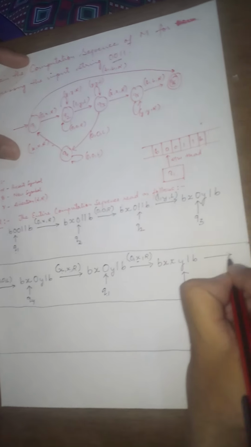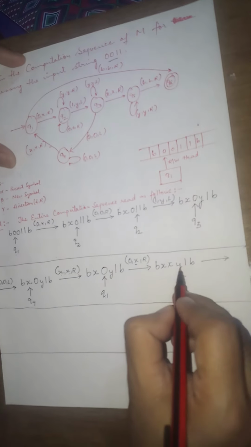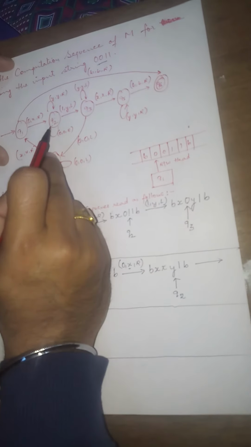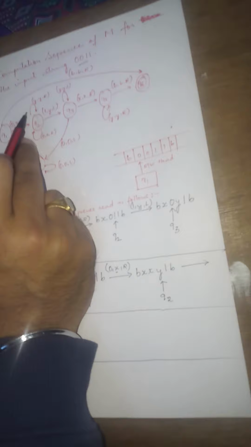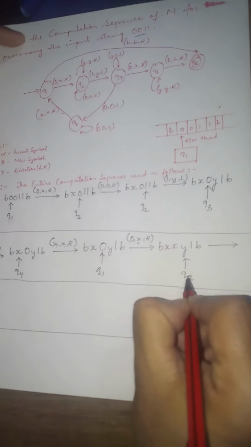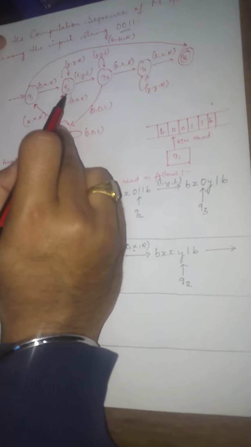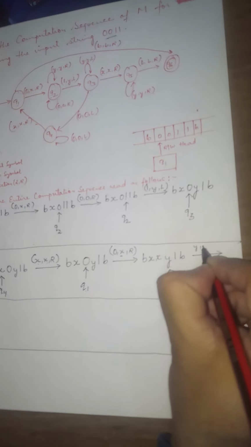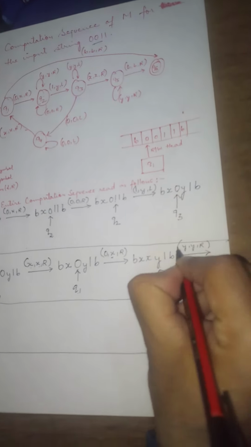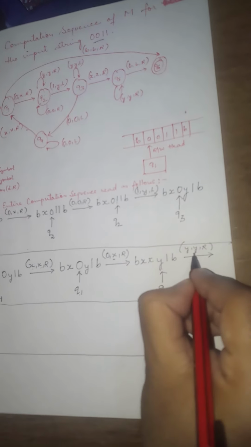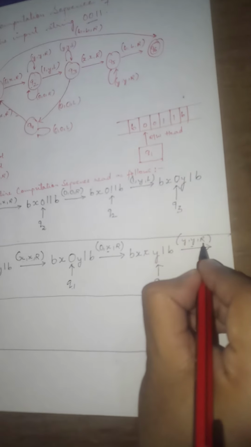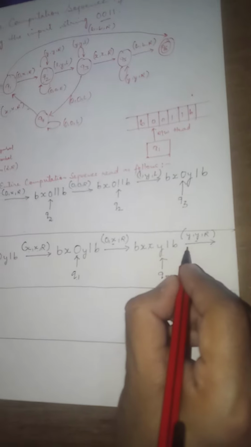Next, you need to check for q2 upon the processing of y. q2 upon y goes to y, r. It means this y will be replaced with y. The direction is right and the state will remain the same.